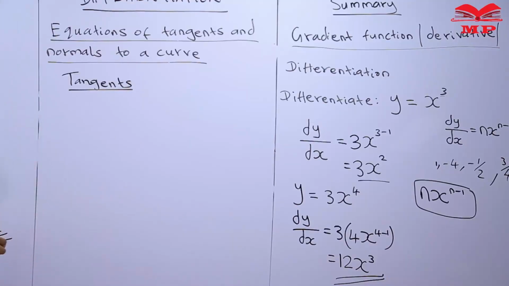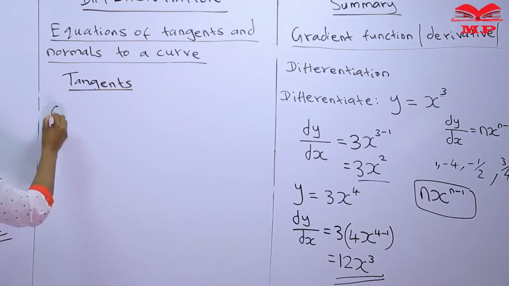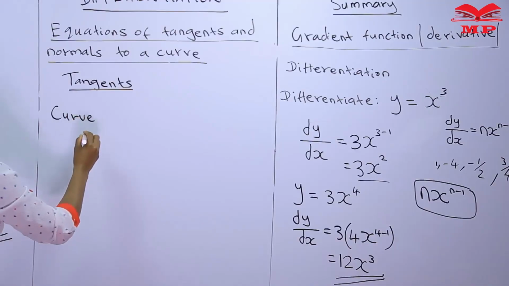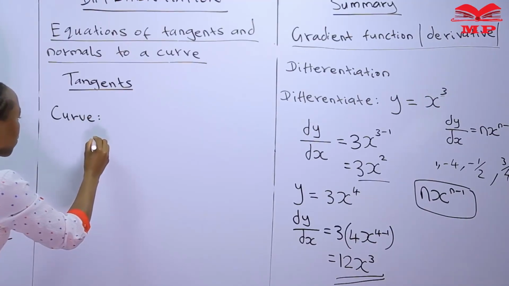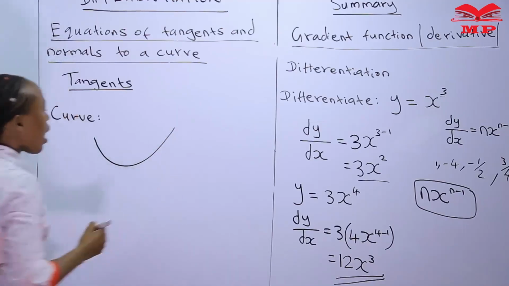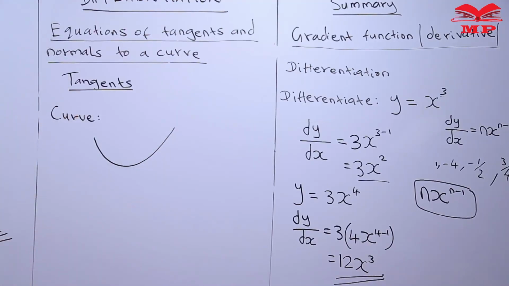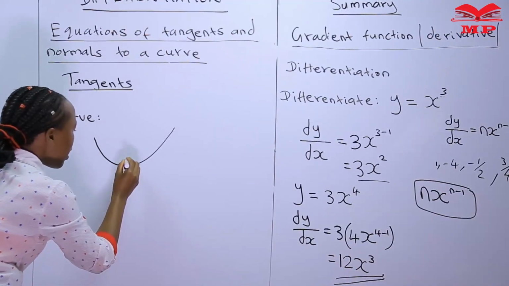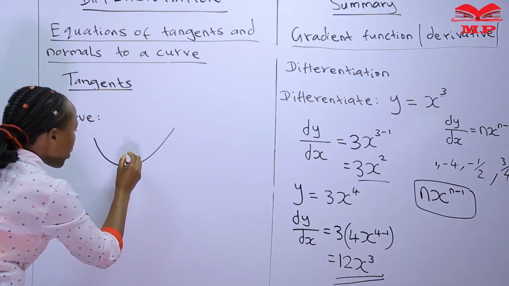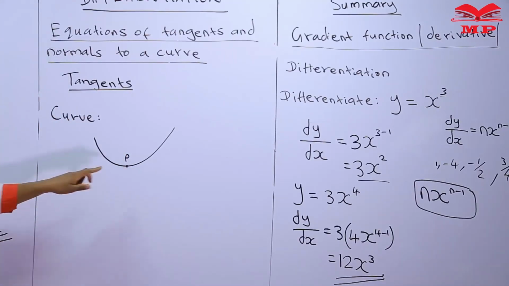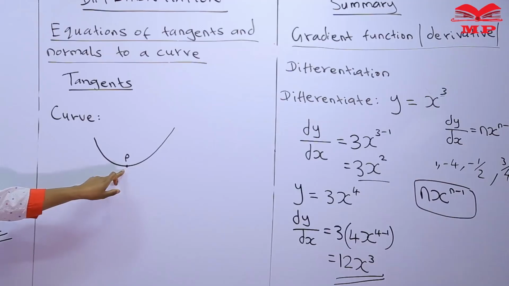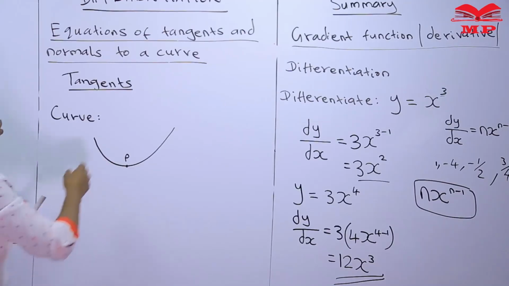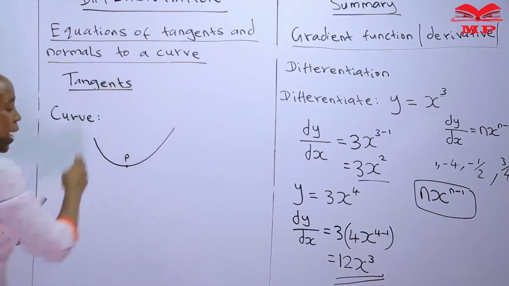Now, when we have a curve, for example, a curve like this one, and we want to find the gradient at a certain point, let's say at a point, we can call this one point P. When we want to get the gradient at point P, we need to draw what we refer to as a tangent.